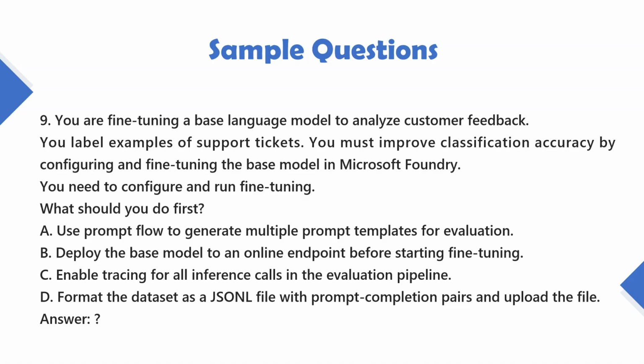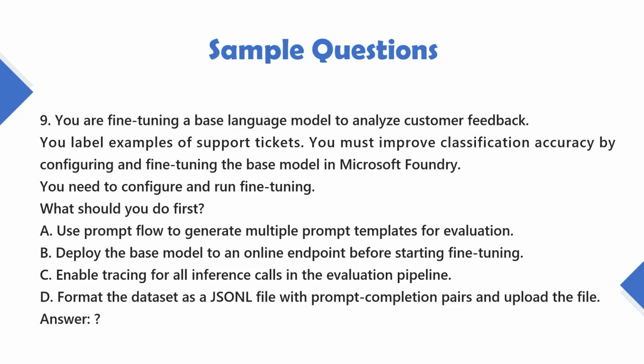9. You are fine-tuning a base language model to analyze customer feedback. You label examples of support tickets. You must improve classification accuracy by configuring and fine-tuning the base model in Microsoft Foundry. You need to configure and run fine-tuning. What should you do first?